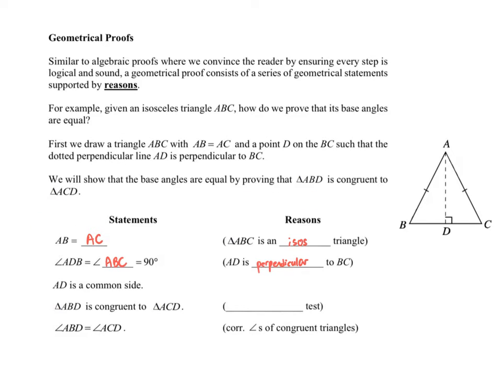The third one is that AD is a common side. So you have actually shown that a pair of corresponding sides are equal, a pair of corresponding angles are equal, and a pair of corresponding sides are equal again. So you are actually using the RHS.